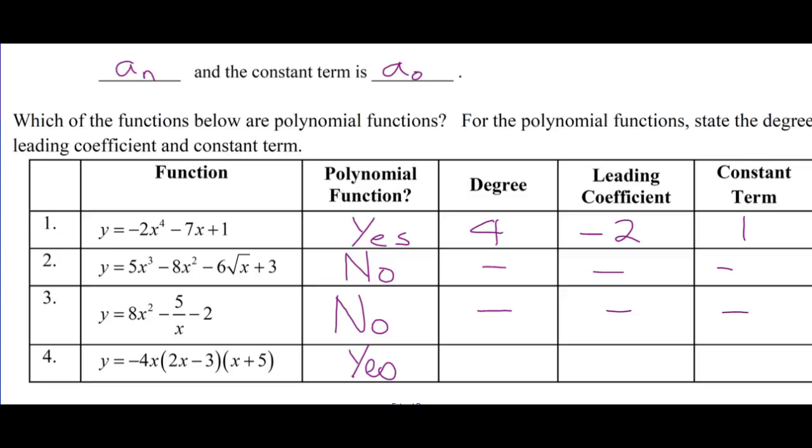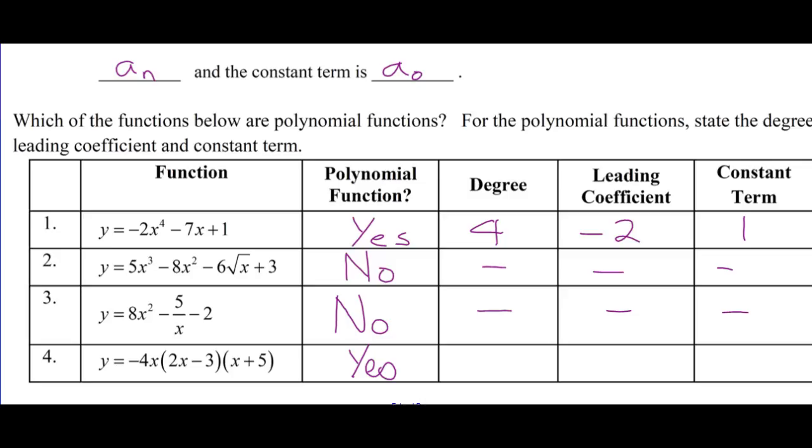It's a square root of x, right? That's an x to the 1/2. The exponent on the x must be a whole number. Anything down to and including 0. And then why is 3 not a polynomial? Okay, it's 5 over x, so it's 5x to the negative 1. And again, it's not a whole number exponent.